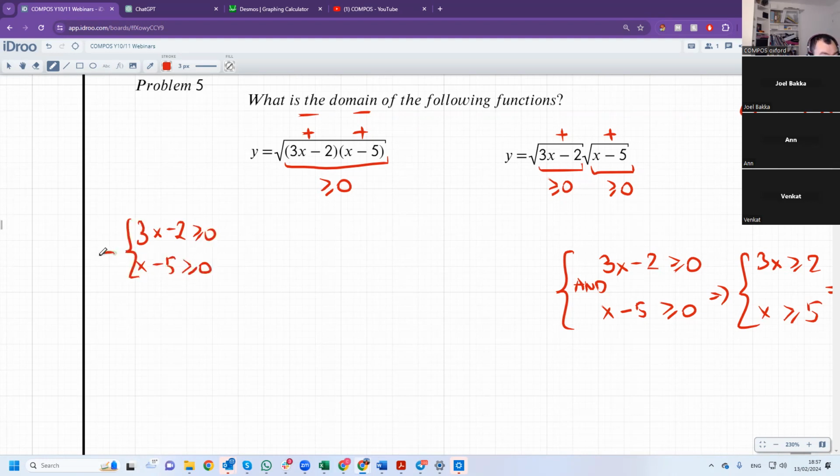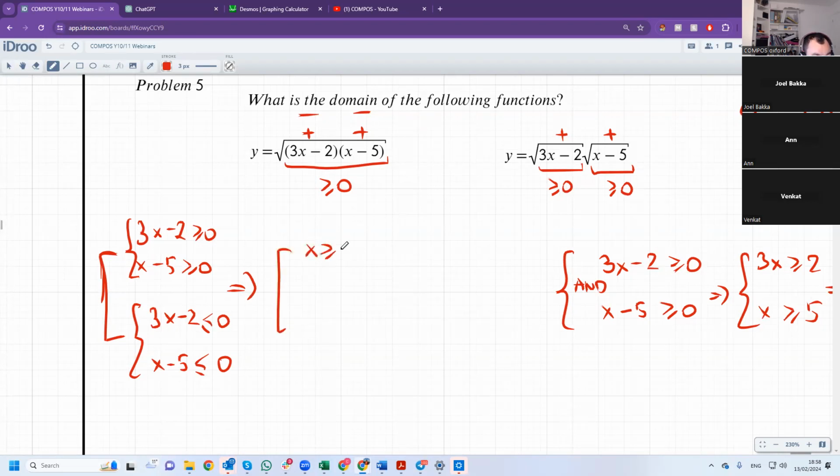And, or, the square bracket is the symbol for or, 3x minus 2 is less than or equal to 0, and x minus 5 is less than or equal to 0. So either they're both positive or both negative, because if both brackets are negative, then the multiplication is positive, and that is allowed. You're allowed to take the square root of a product of two negative numbers. Makes perfect sense. And then, therefore, we already know that this means x greater or equal to 5.